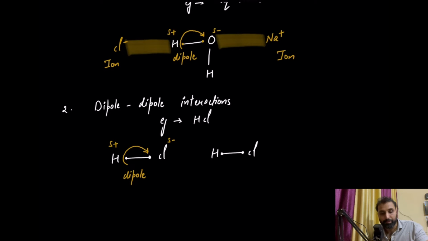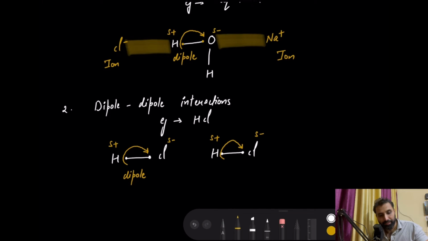Now, let's move to the second HCl molecule. Here also the electronegativity of chlorine is obviously greater than hydrogen. So chlorine is going to attract the shared pair of electron towards itself. Thereby chlorine will acquire a delta negative charge and hydrogen will acquire a delta positive charge. So in this case, we are going to have interactive force between the first molecule and the second molecule from the poles having the opposite charges.